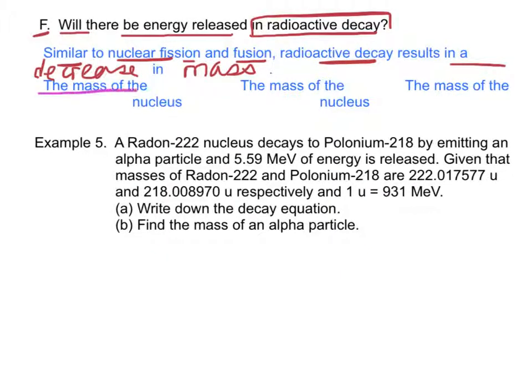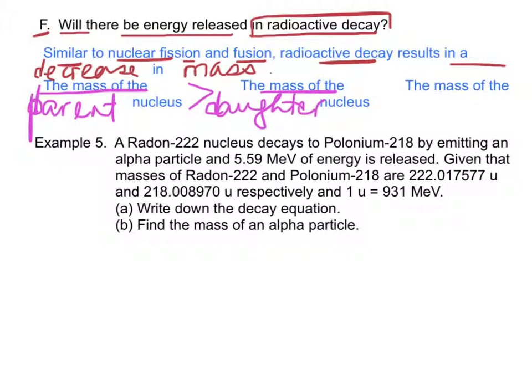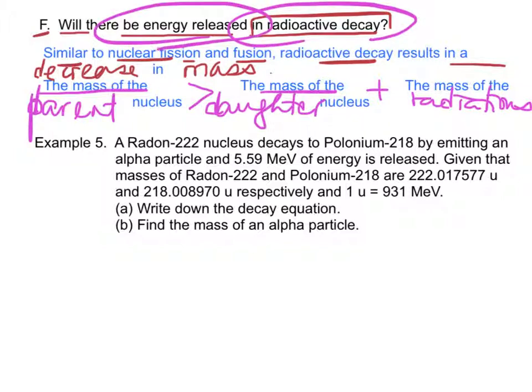That is, the mass of the parent nucleus is larger than the total mass of the daughter nucleus and the mass of the radiation produced. In this case, by Einstein's mass-energy relationship, in radioactive decays, energy is also released and can be found by using the equation delta E equals delta M times C squared again.